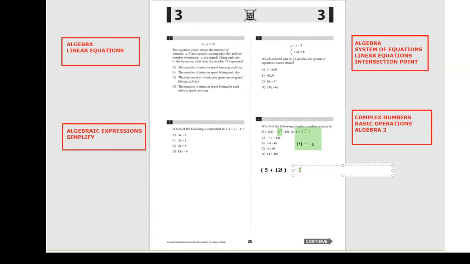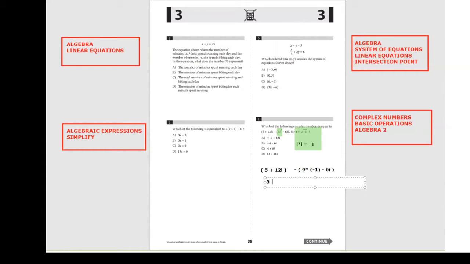It would become minus, open parentheses, -9 minus 6i. All right, so can you also distribute the negative into the last two terms? Be careful when those signs switch.